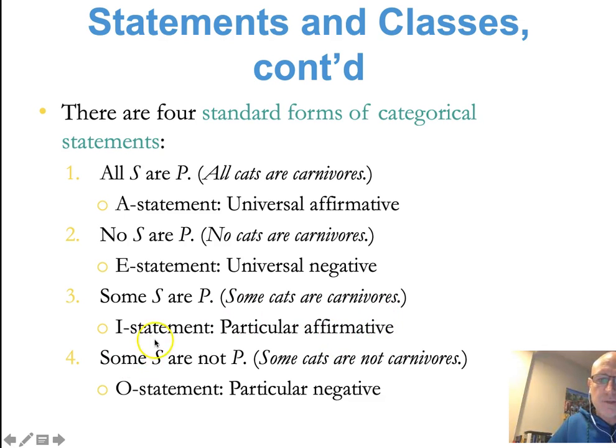And the O statement is a particular negative: some cats are not carnivores. So A, universal affirmative. E, universal negative. I, particular affirmative. And O, particular negative. Very helpful and very important to remember in categorical logic.